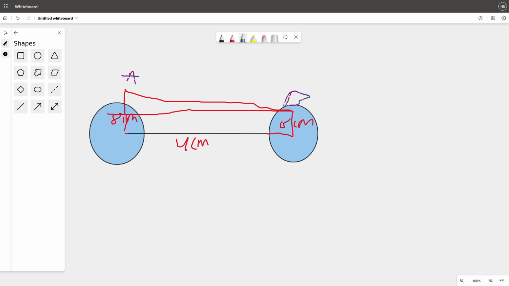And this can be done since we set it up in the form of a rectangle, via the Pythagorean theorem.